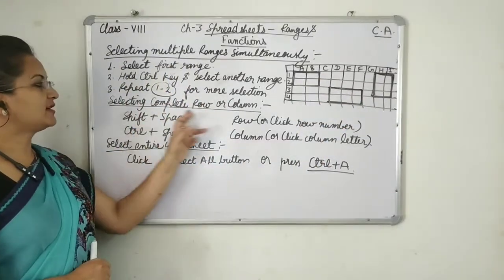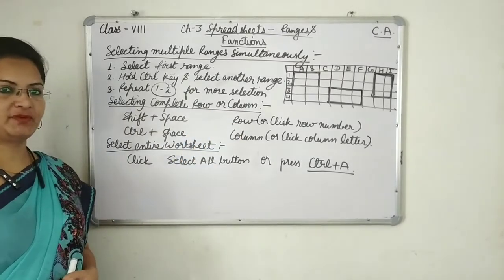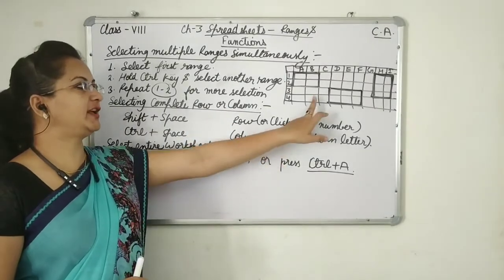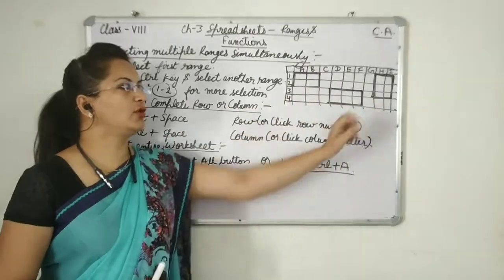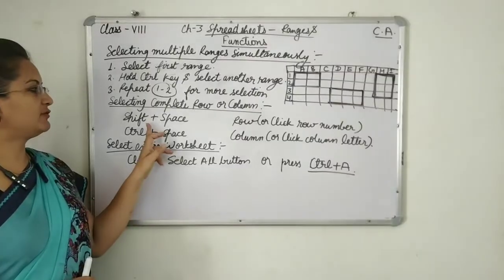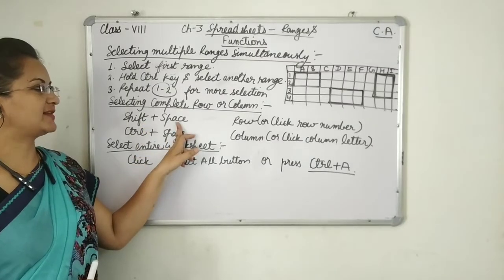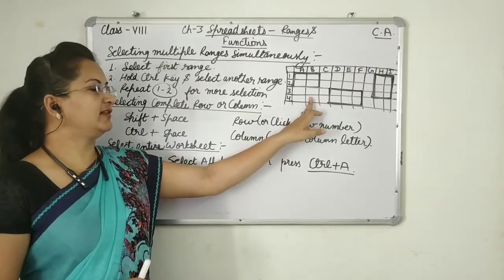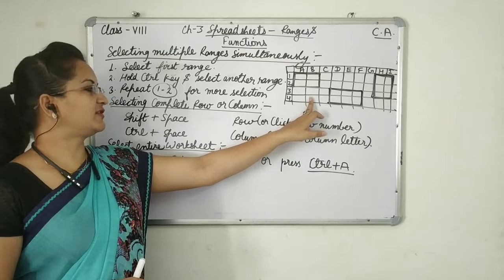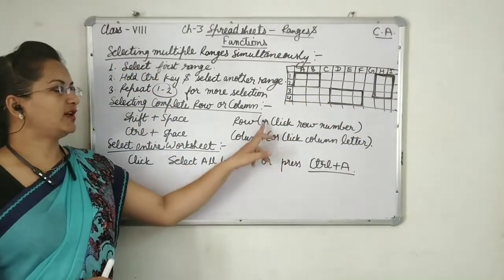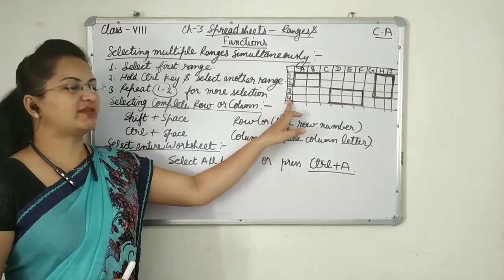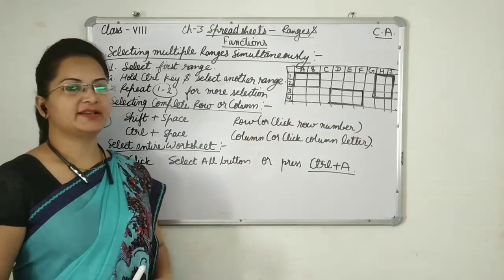Now, selecting a complete row or a column. Wherever you are working, if you want to select the whole column or the whole row, then you have to simply press Shift+Space. So if you are here and you press Shift+Space, that means the 4th row will be selected. Or you can directly click on this number 4, and the whole row will be selected.